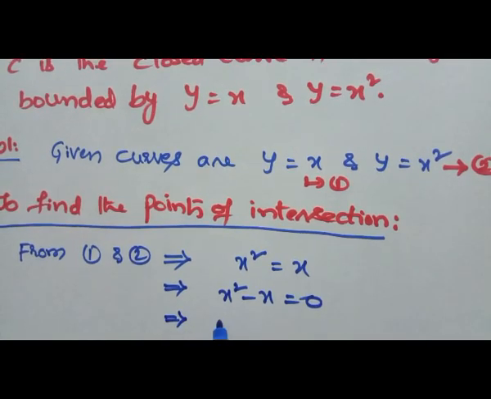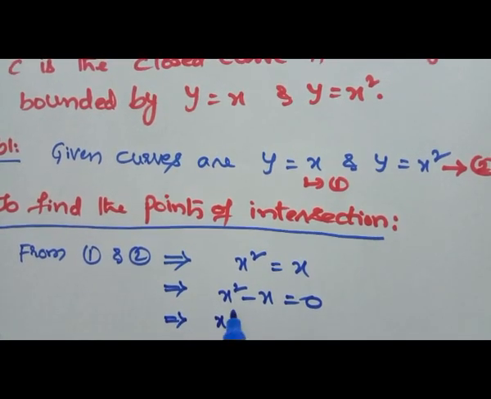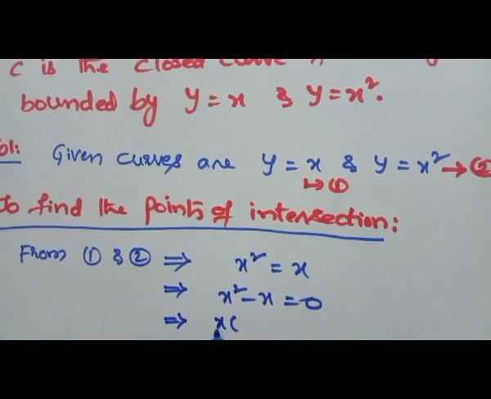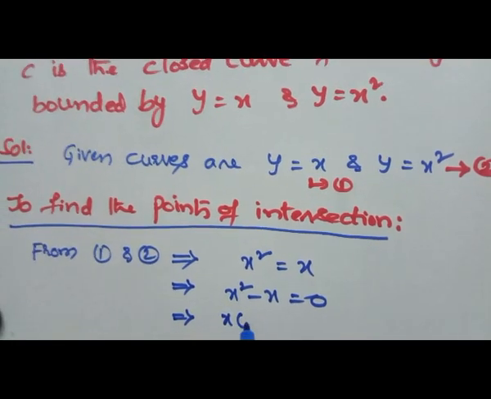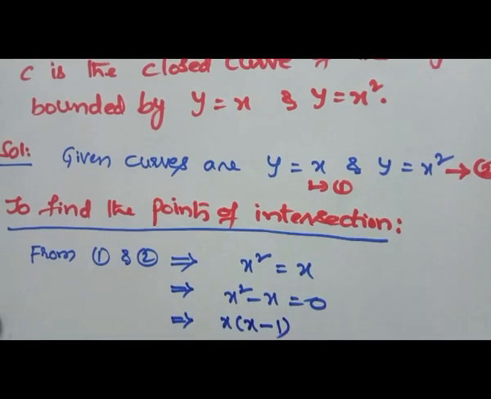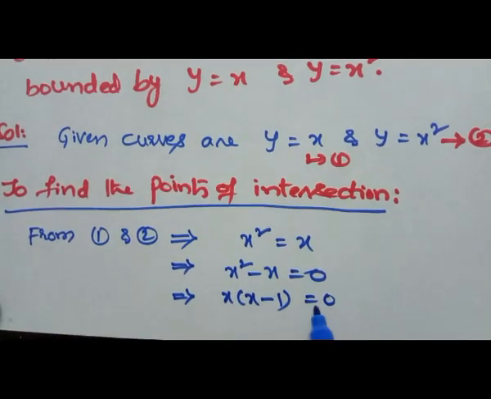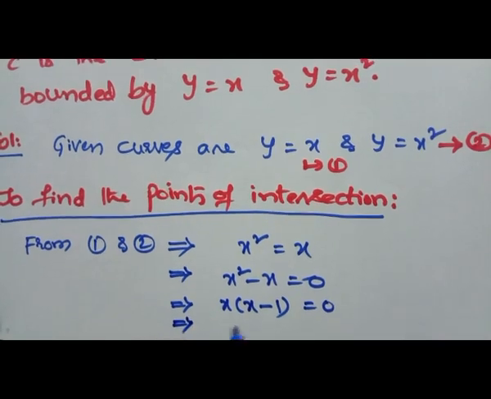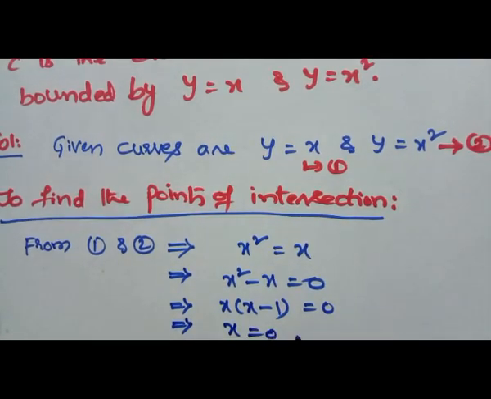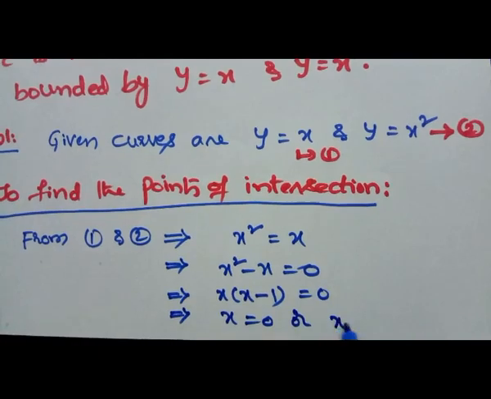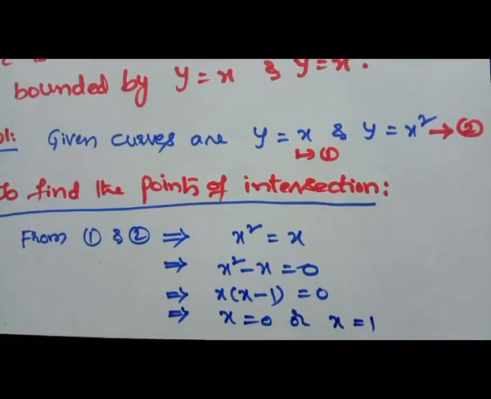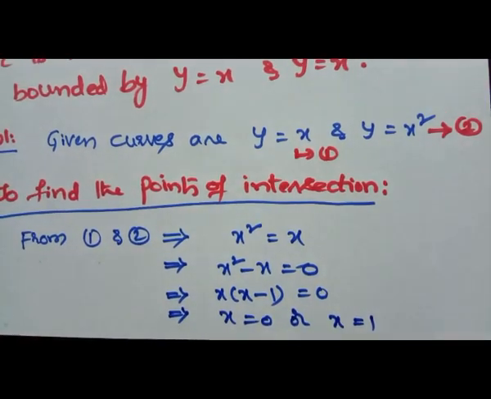That implies x is a common factor, so we take x as a common factor. Therefore x into x minus 1 equal to 0. Therefore x is equal to 0 or x minus 1 equal to 0, that means x is equal to 1.